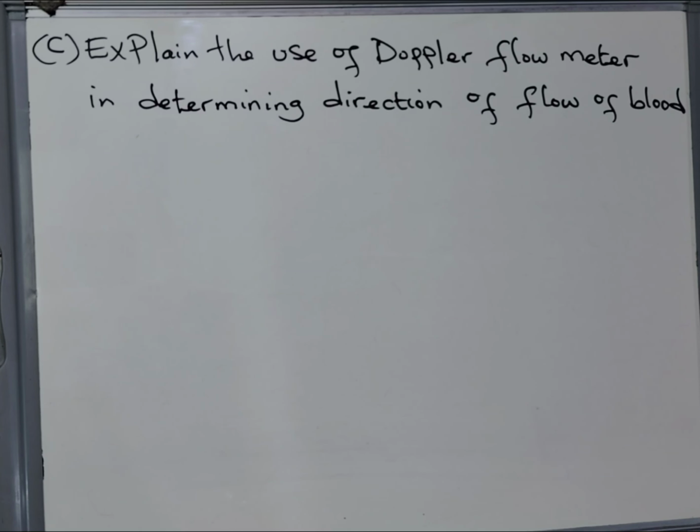Now, if the reflected sound is lower in frequency than the transmitted sound, it means the cell is moving away. And if the reflected sound is higher in frequency than the one transmitted, it means that the blood cell is moving towards.